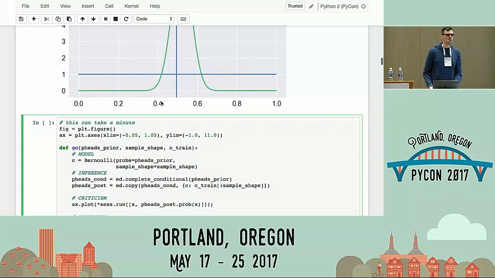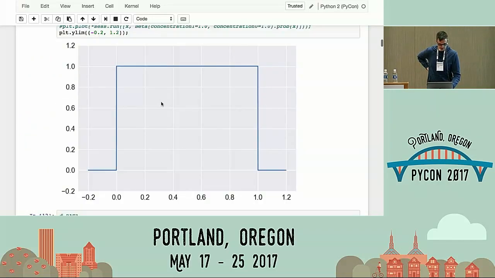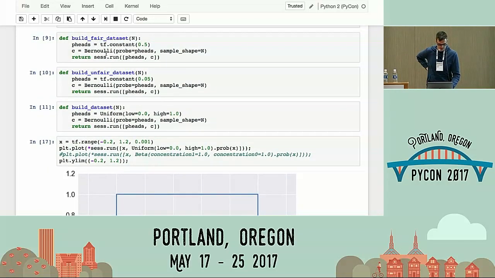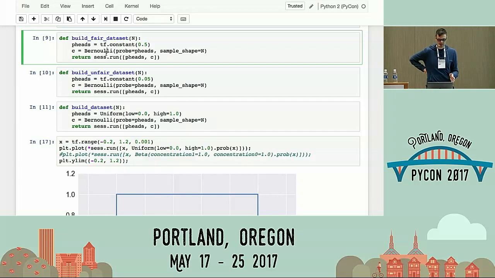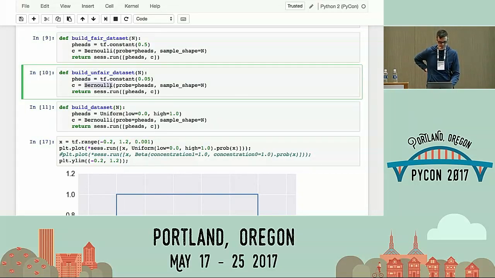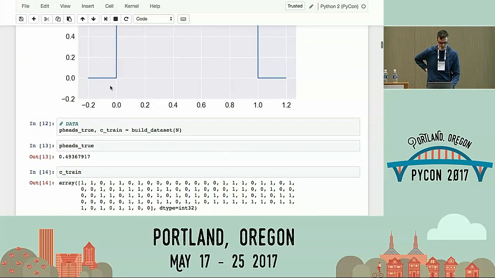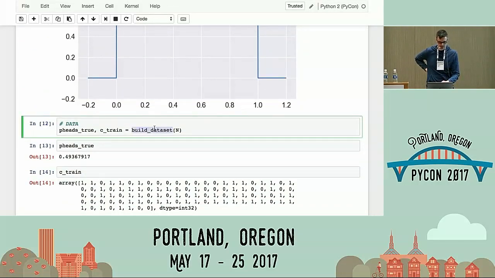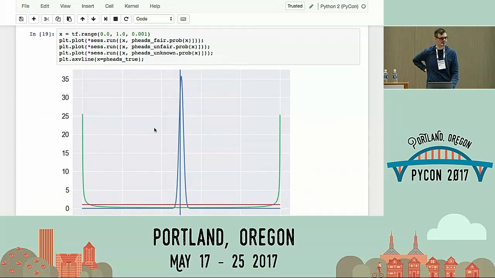What I would like you to do now is, I don't have any real exercises, so there are no gaps in the code that you have to fill in. Rather, I want you to experiment with it. I gave you a lot of alternative routes here to go. I gave you the option to use this fair data set instead of this one here, or this unfair data set. What I would like you to do is change this value, re-execute the cells that are in between, and see what the answers are and how this changes.